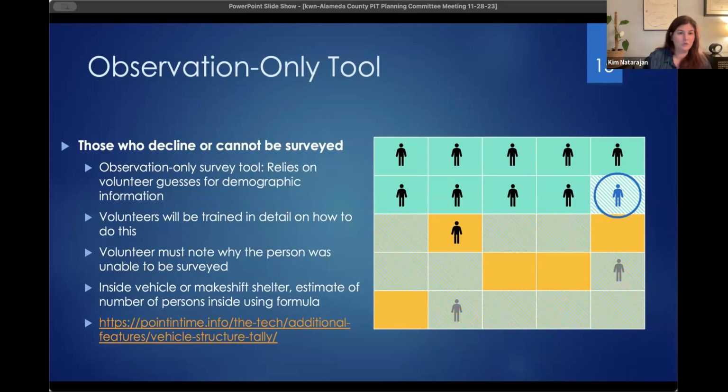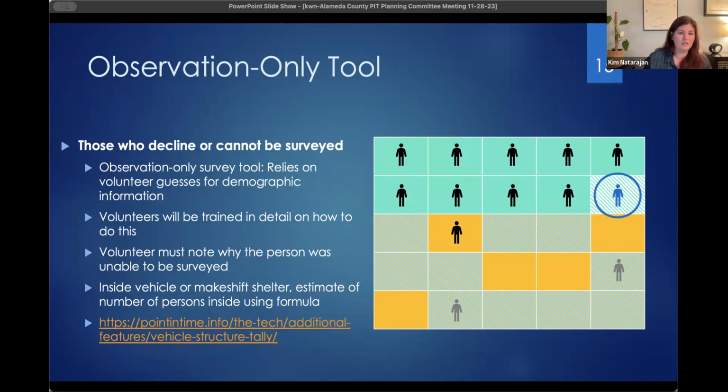Yes, we're planning to do training on that for volunteers on how that works. In the Simtech observation tool, the volunteer must note why the person was unable to be surveyed. And that's in there to give a thought to the volunteer, like, hey, did you knock? Did you attempt? Please note why the attempt was unsuccessful, right? So we're really trying to minimize the number of people who get observation only.